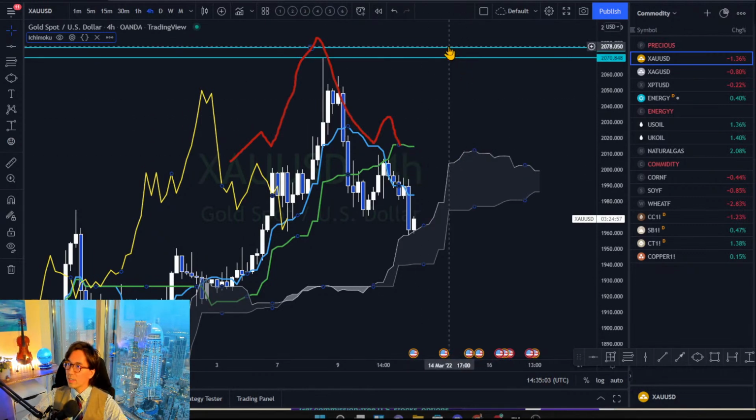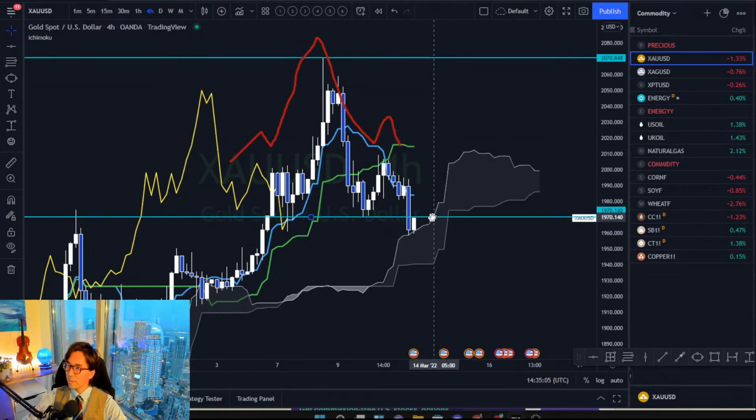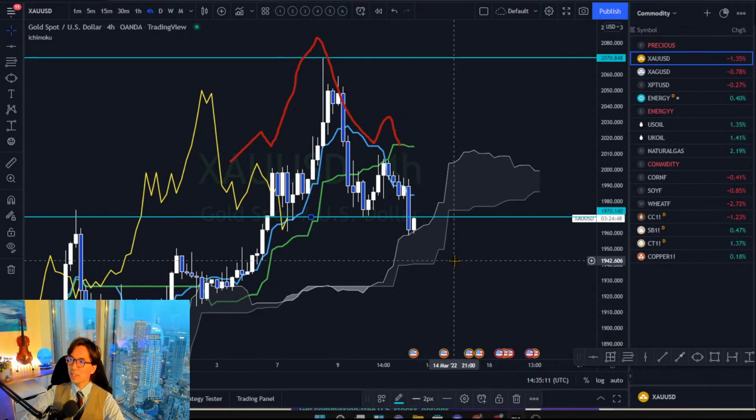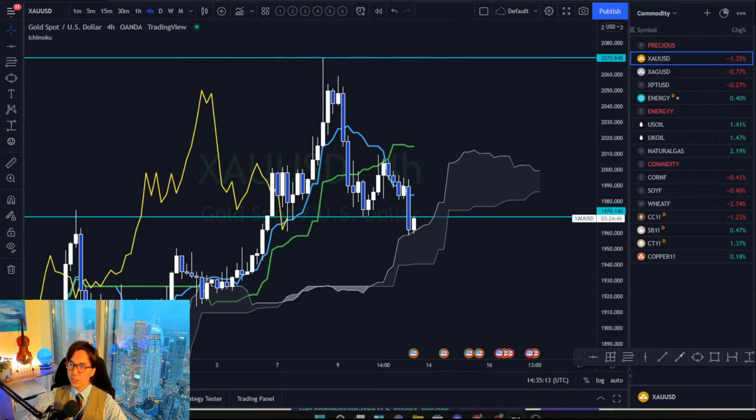The neckline was over here at 1970.14, and it broke bearish. So to me, it's bearish. And also there was a Tenkan-sen, Kijun-sen dead cross before. So once you see Chikou span breakout and Kumo breakout, then the market will continuously be bearish.